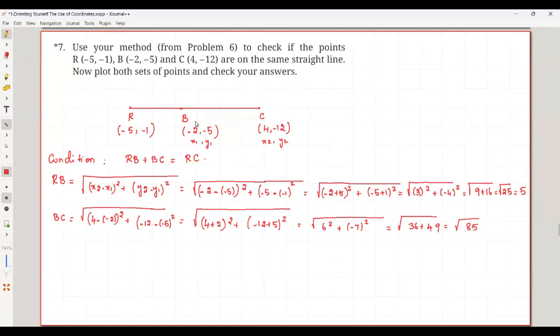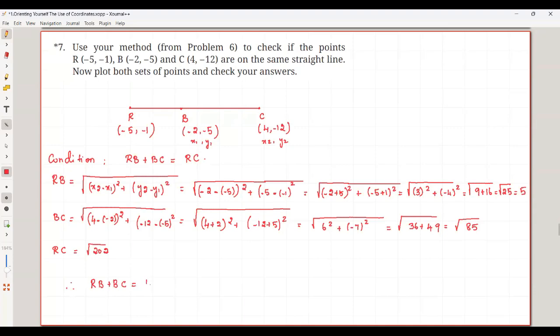Now we have to check with RC. We have to check the length of RC. The distance of R and C, if you proceed, you will be getting 202. This is also not a perfect square number. So now let's check the condition, RB plus BC.